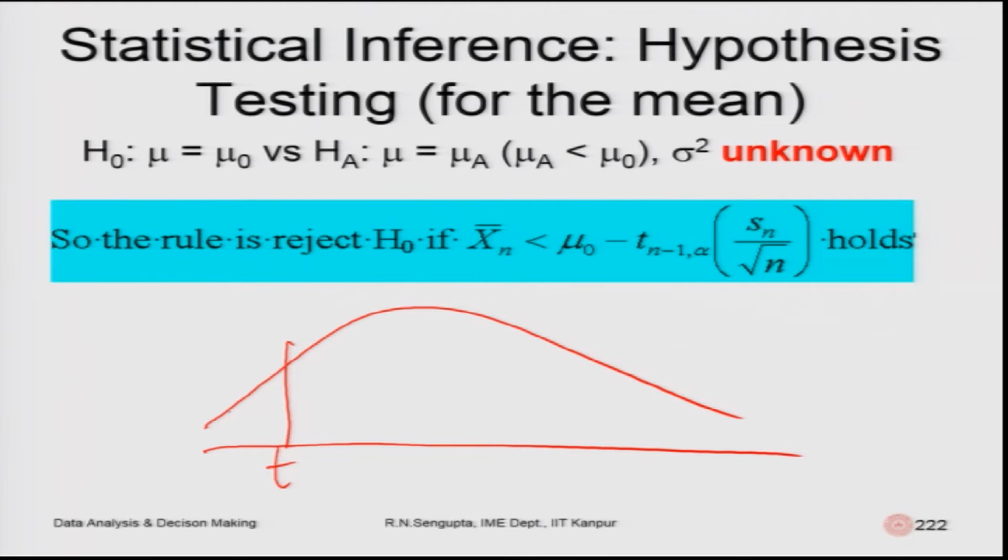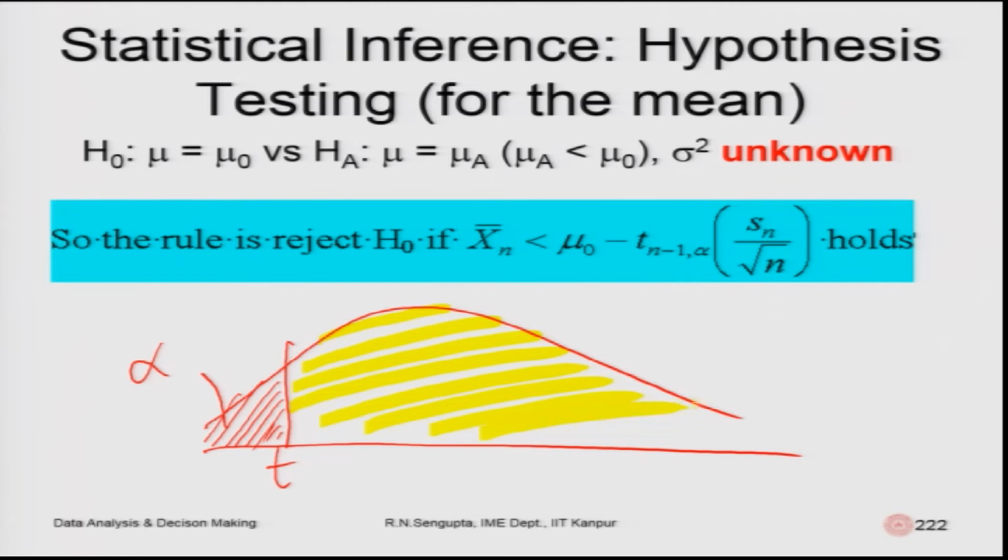So, in this case if x bar n is on the left hand side, this area would basically be alpha, so this is the level of significance which you have, and this would be given by t n minus 1, remember that is important, and alpha, because alpha is basically on the left hand side.